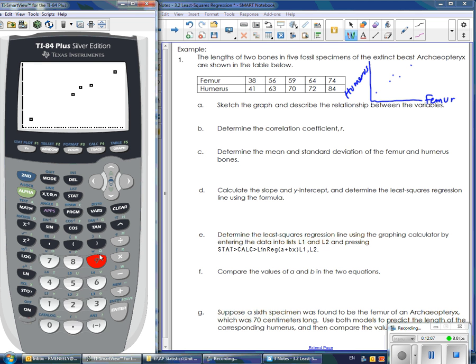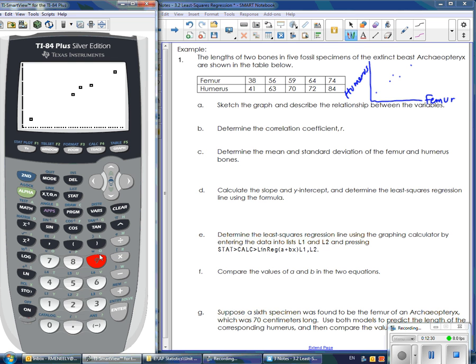So to determine the correlation coefficient r, this is the process that we went through last class. What I'm actually going to do is jump down to letter C for a second because we're asked to also find the mean and standard deviation of both of the bones. Because I want to make sure that we're not going to get any rounding errors, I want to be sure that we're storing the values in different variables.